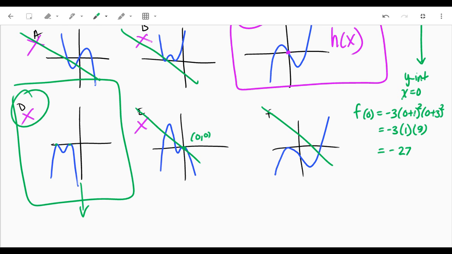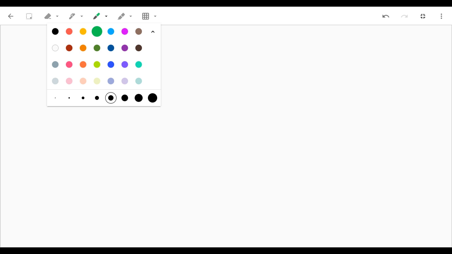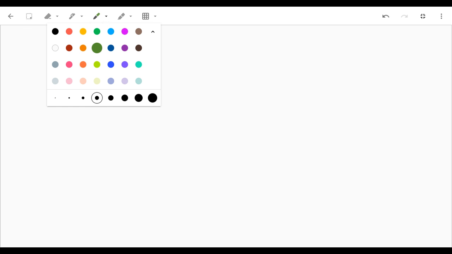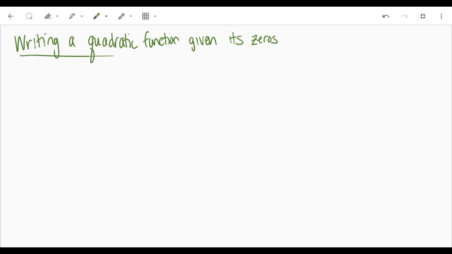Writing a quadratic function given its zeros. Oh, this one's going to be really straightforward for you guys.